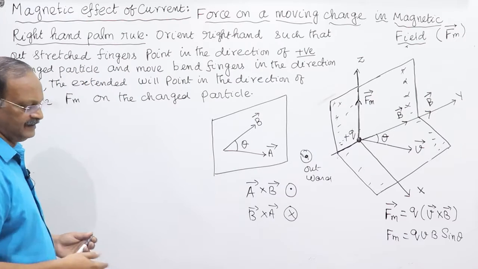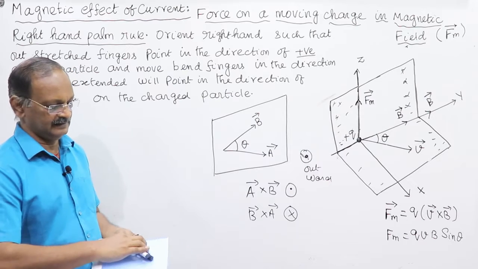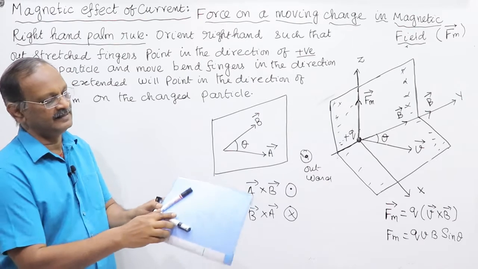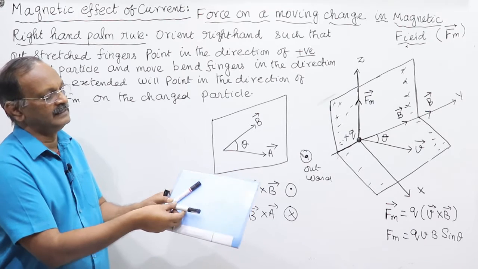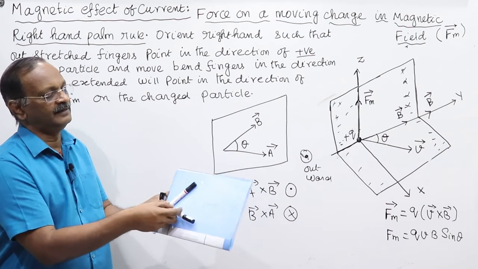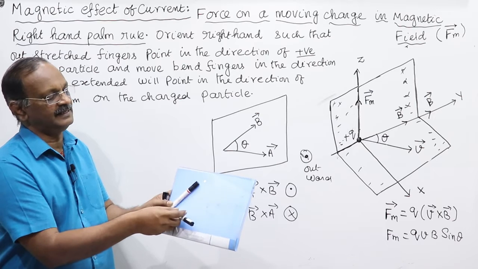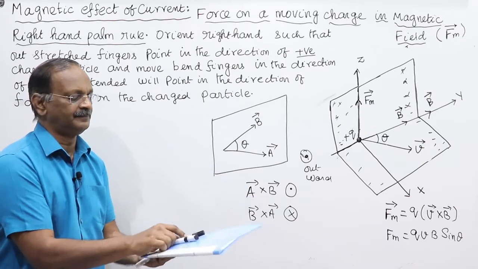So now A cross B. From this we can see this is A, and the red one is B. We want to go from A to B, and the angle between them is theta. How will we do it?